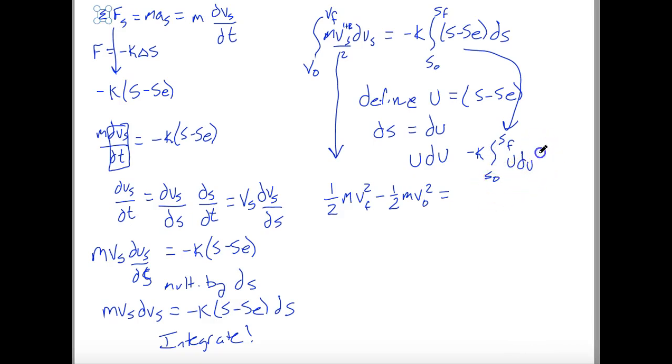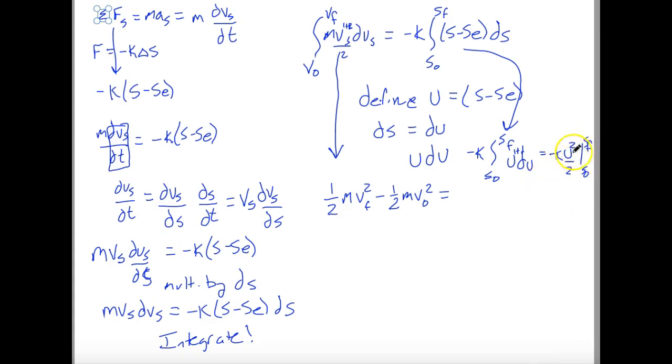So this is going to be equal to negative, and then our u, when we go through, well, let's put our k in since that's our constant on the outside. When we integrate this, we're going to get u, and then we're going to say u to the 1 plus 1 is 2, so that's u squared over 2. And we've got to integrate this from the SO to the SF.